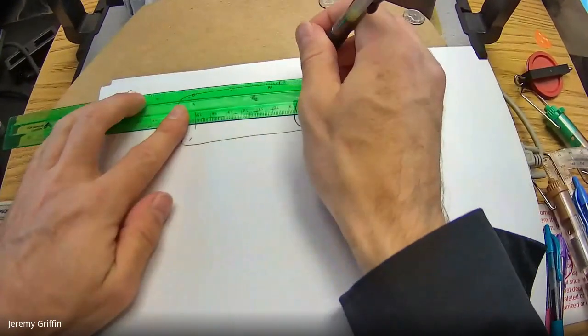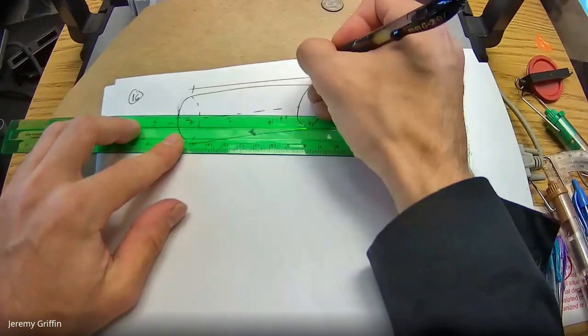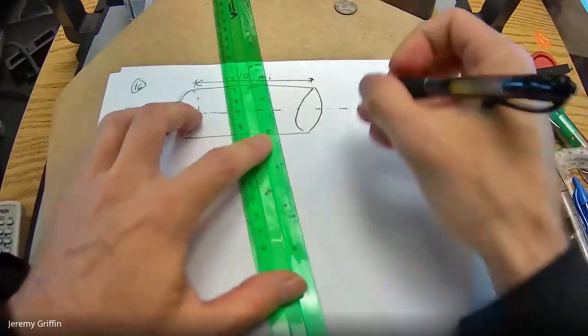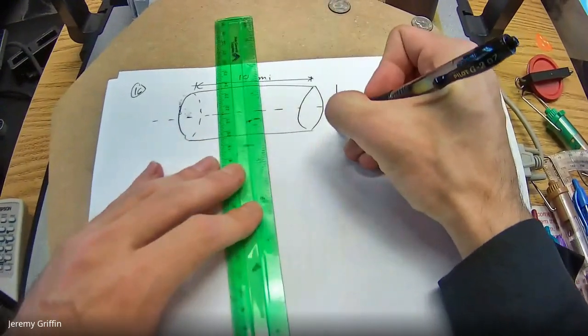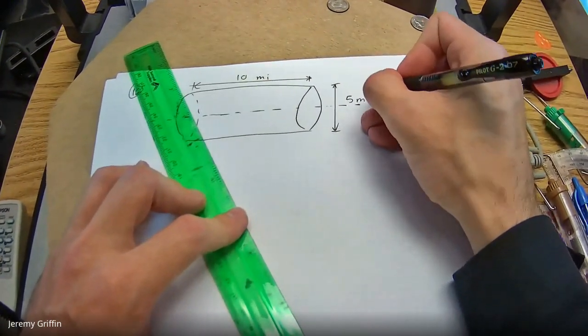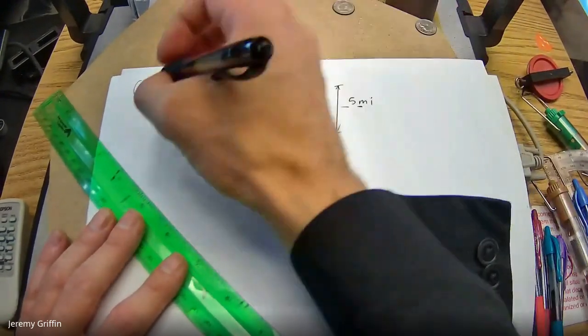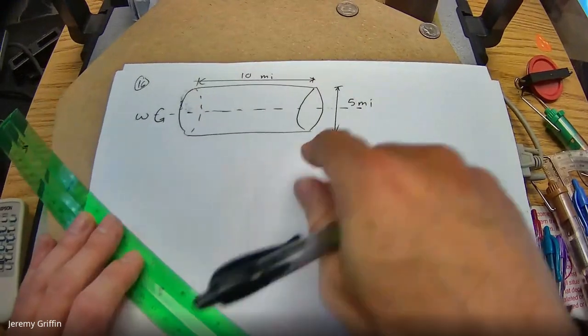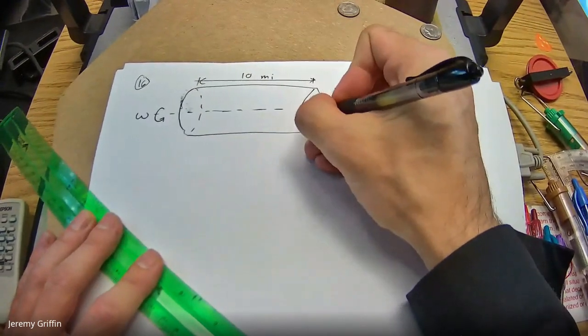Now your book said 10 miles long and 5 miles diameter. I'm going to come back and talk about that in a minute, but that's a detail. Just for now, the basic premise. If this has some spin rate, omega, about that central axis, then you could be walking around here.